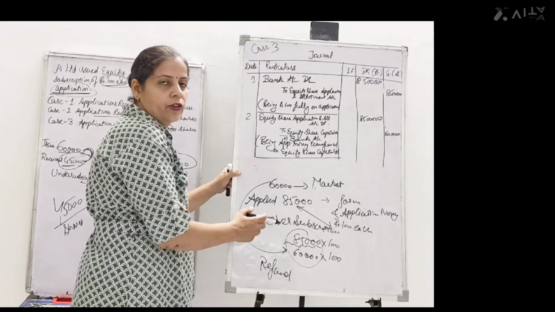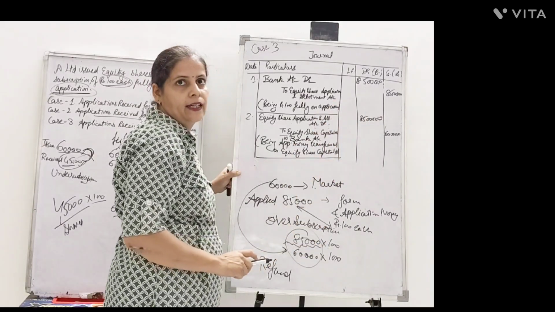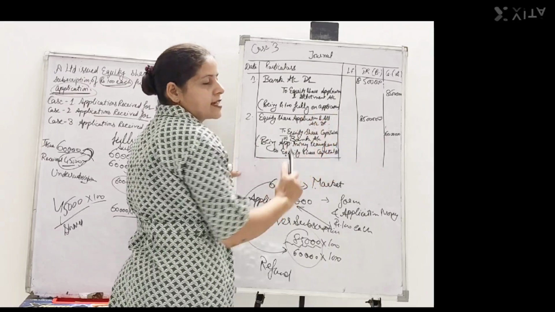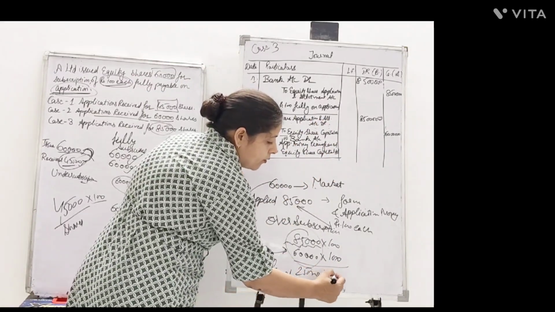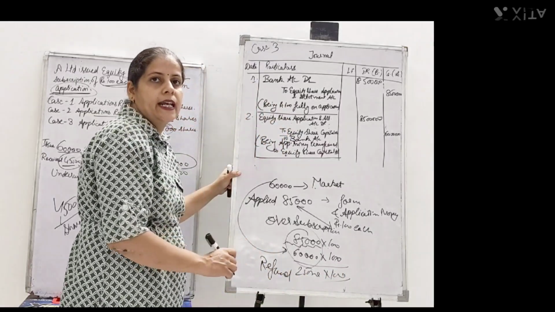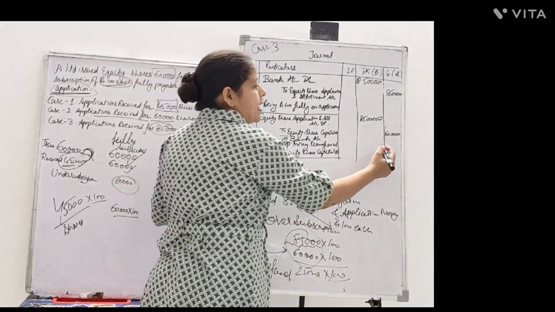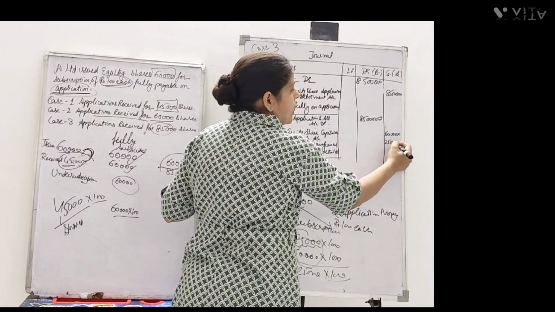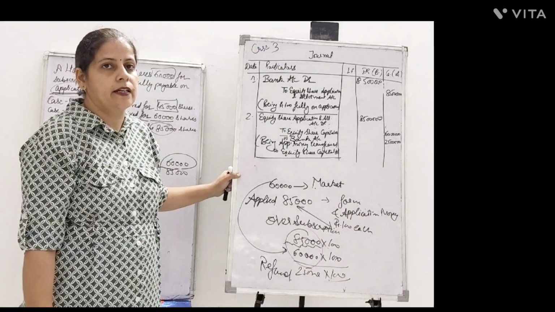People applied for 85,000 shares. In the first entry you received 85 lakh, but you can keep only 60 lakh. So how many shares would be refunded? 25,000 shares would be refunded, 100 each. That means 25 lakh rupees would be refunded here.